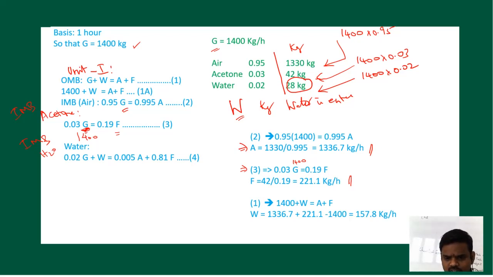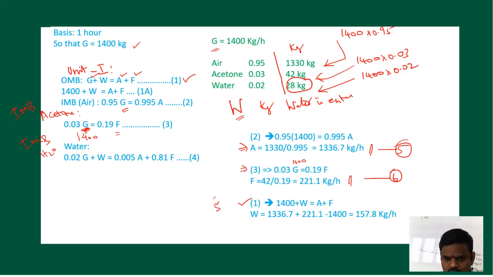Now equation 1, you see, we have calculated the value of A, we have calculated the value of F, and the G value is given. So from equation number 1, we can get the value of W. That is 1400 plus W equals A plus F. Therefore W is equal to, substitute the value of A and F found out here, right?